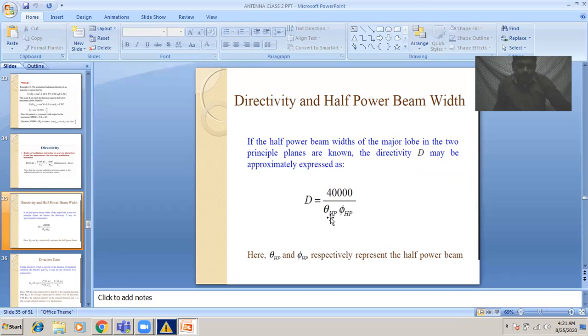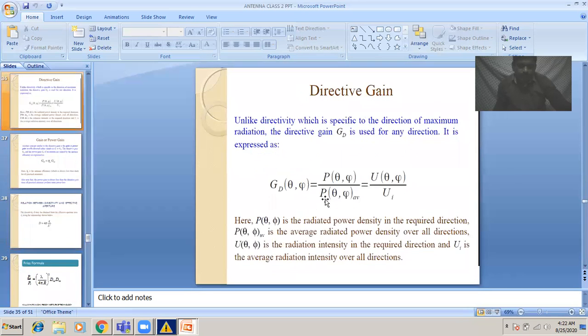Or otherwise, if you see, these two are nothing but the beamwidths. That means if beamwidth is more, the directivity is less. If beamwidth is high, the directivity is low. So in that way, you can observe also.